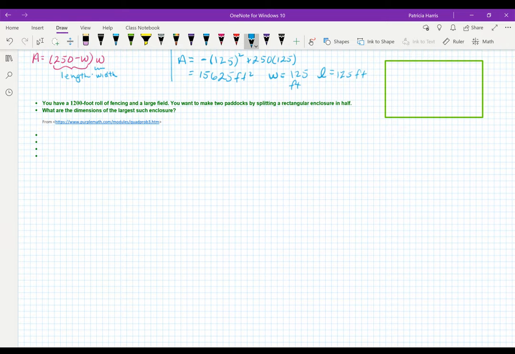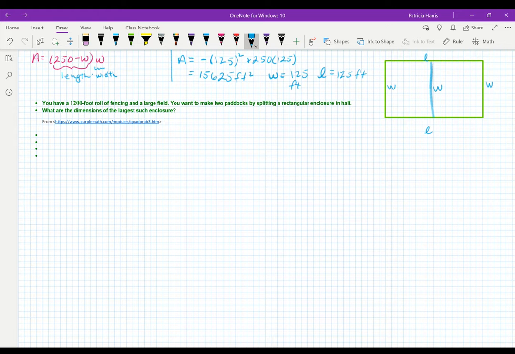Okay, so our perimeter, that's 1,200, which is the amount of feet that we're going to use for fencing. However, we got this divider in the middle. So let's say that this is the width, and these two guys are the length.